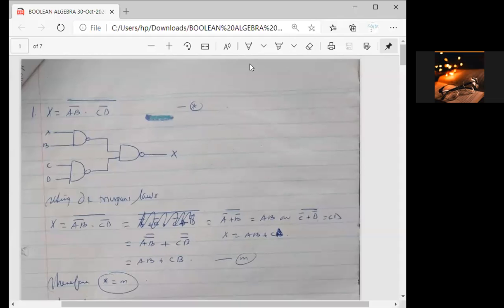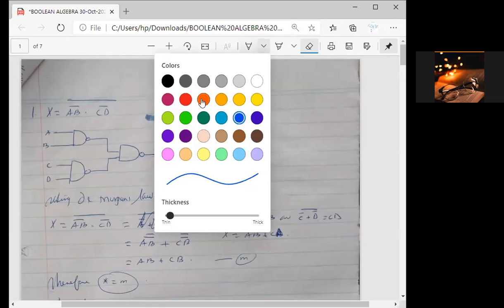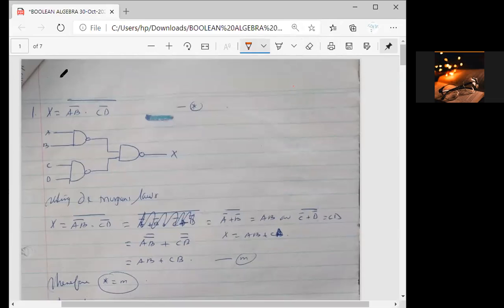The problem starts with a question that we are doing here. I talked of De Morgan's laws before. There are some laws that we call the laws of De Morgan, which I had mentioned previously, which I expect you to check.